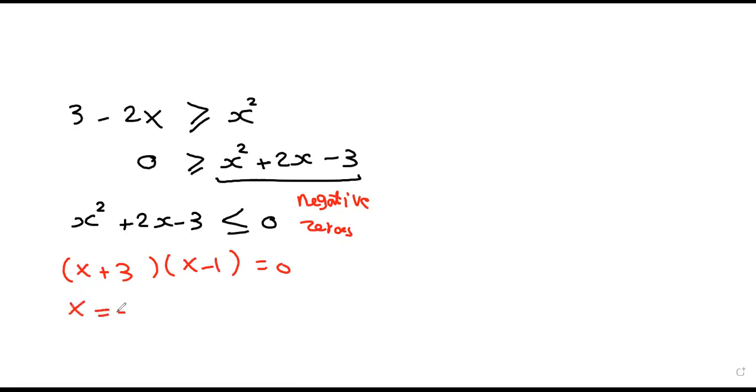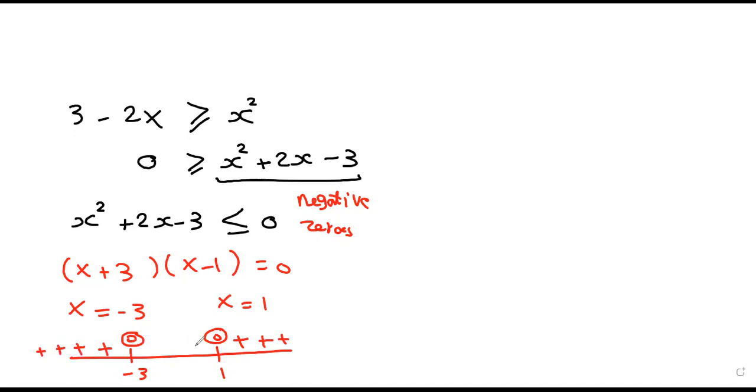So x equals minus 3 and x equals 1. Minus 3 and 1 give 0. Take any value for x greater than 1 and substitute. You'll find it's positive. Take any value less than negative 3 and substitute. You'll find it's positive. And between them, negative.